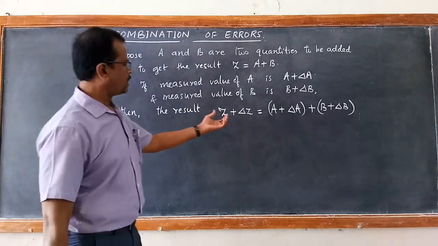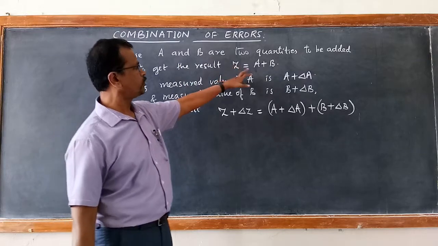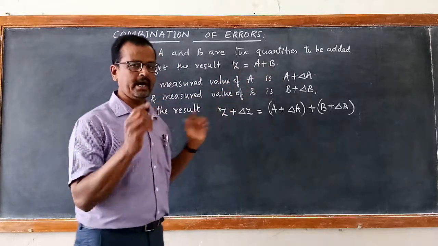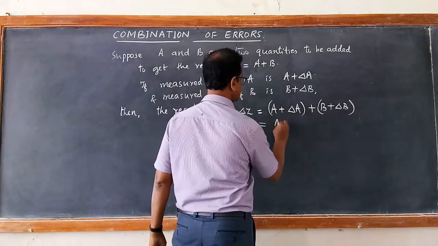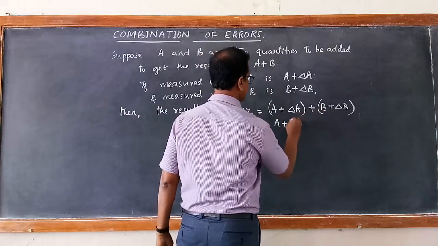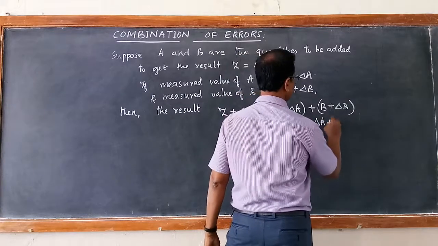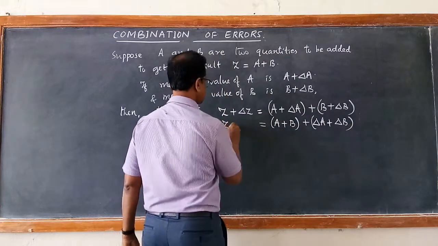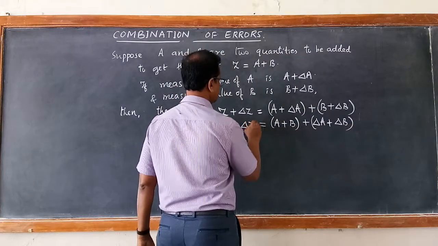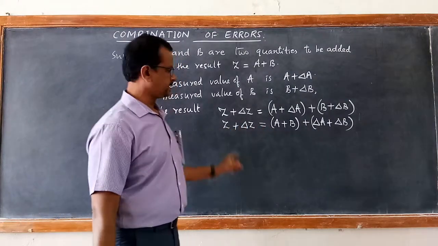Then how to calculate the combination of these errors when two physical quantities are to be added? That's what we are going to do now. Then this can be simplified as A plus B plus delta A plus delta B. So this becomes Z plus delta Z. In this equation, look at this.